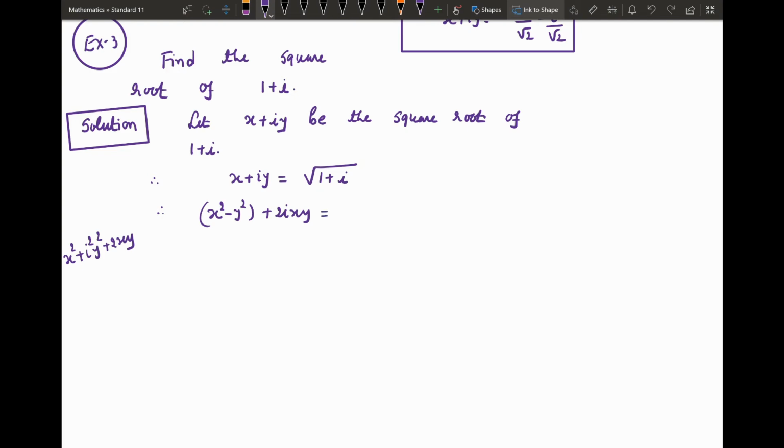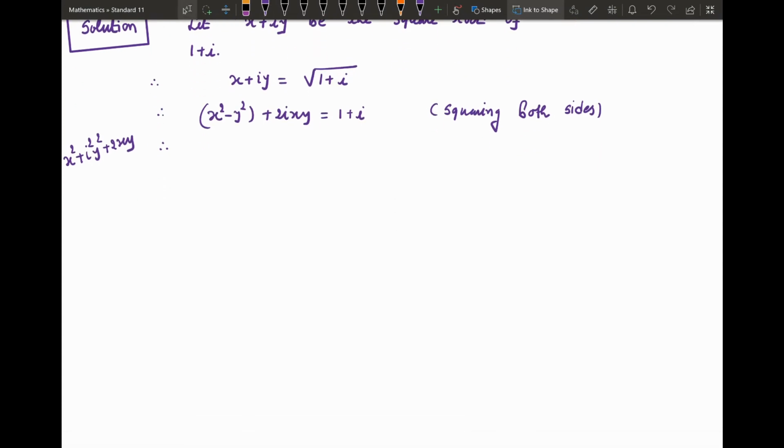Right hand side when we take square. Now we compare both sides' real parts and imaginary parts.